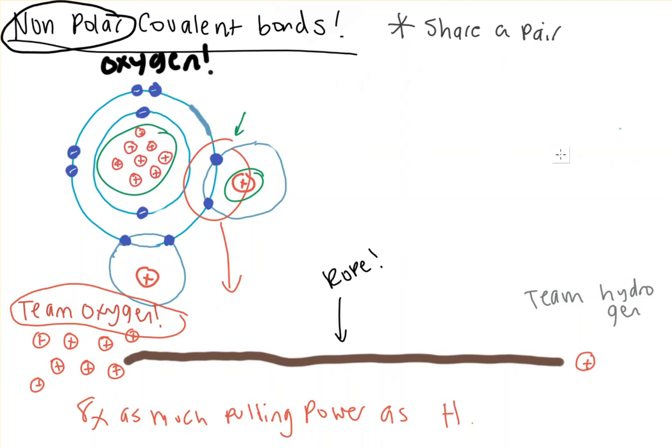Over here we have the one proton nucleus, the nucleus that belongs to hydrogen. And over here we have the 8 proton nucleus, the one that belongs to oxygen. And then I'm going to use this green color to trace the path of an individual electron as it makes its orbits around each of the respective nuclei. So watch what I do here.